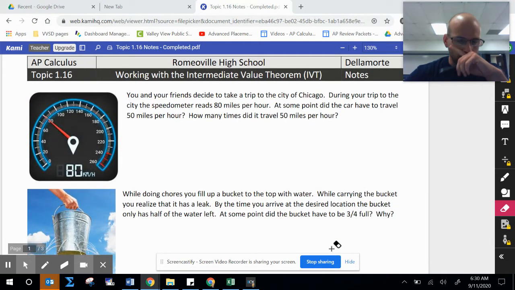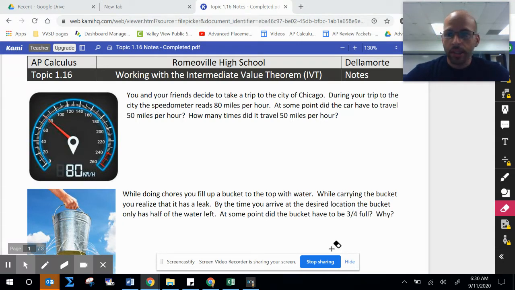So I have a couple little blurbs here of situations where intermediate value theorem applies. Let's say you and your friends decide to take a trip to Chicago. During the trip, you see the speedometer was 80 miles per hour. At some point, did your car have to travel 50 miles per hour?